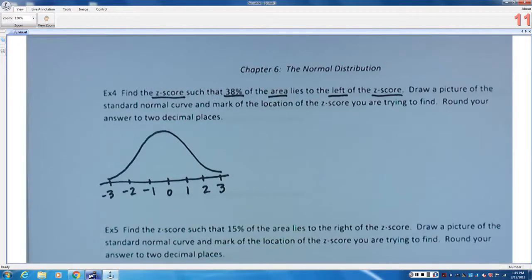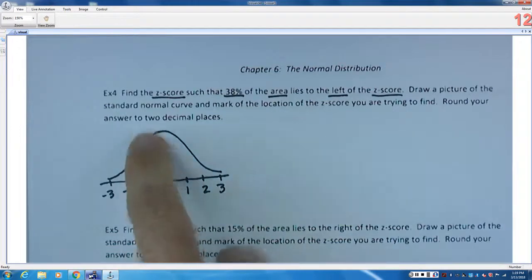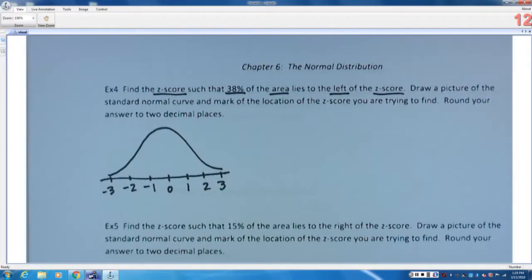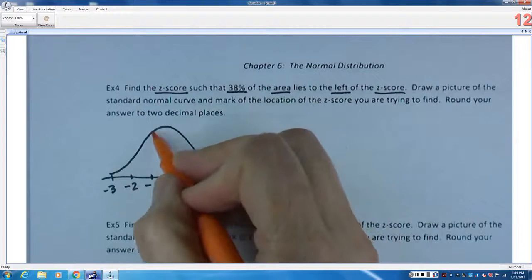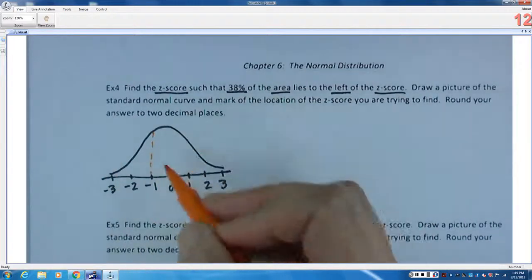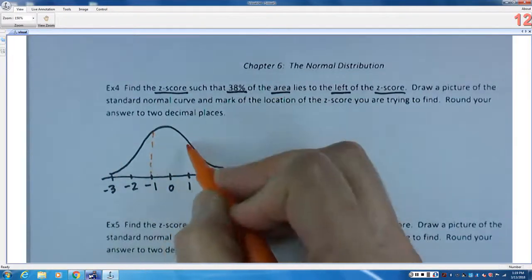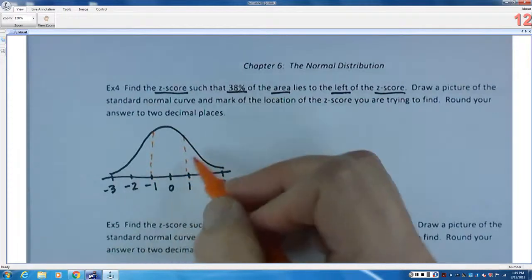Here it might help, since I'm not sure where to put this line, to use the empirical rule to figure it out. From here back, this is 68%.